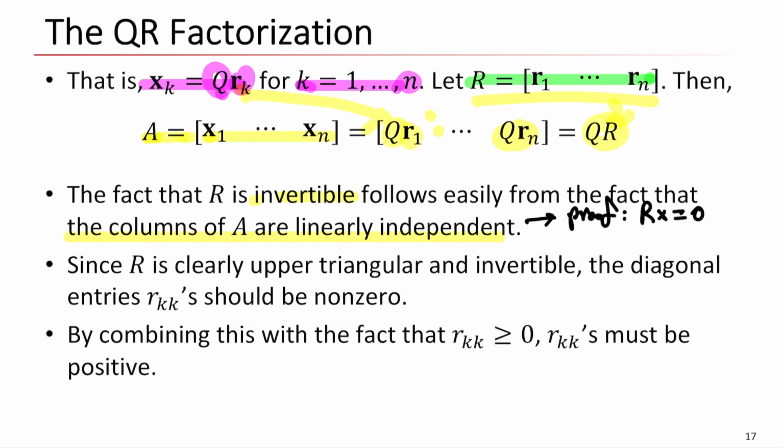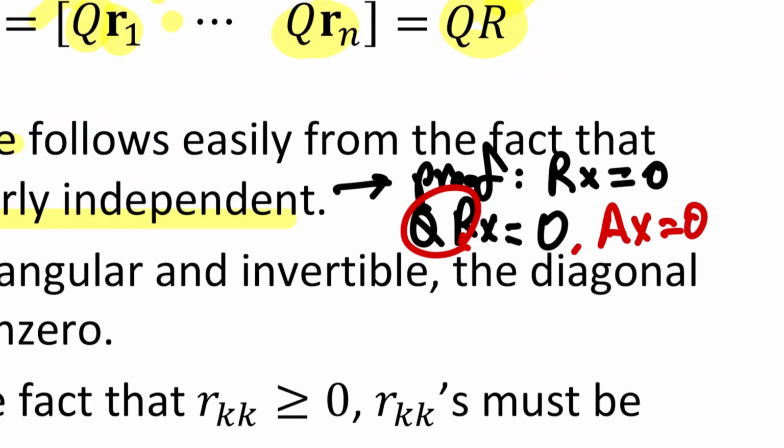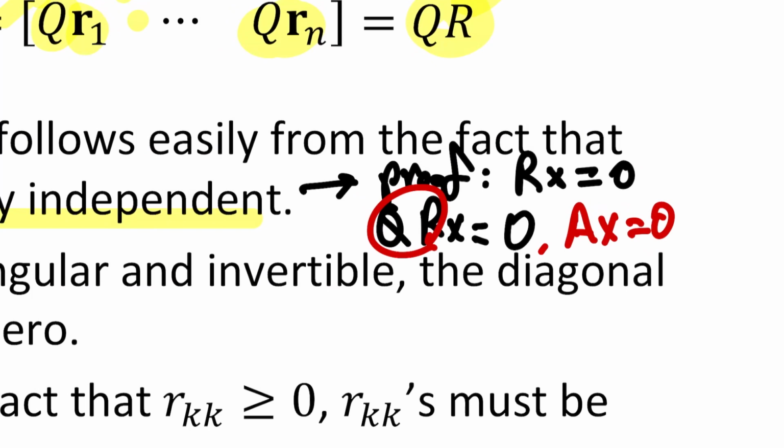Then by multiplying Q on the left-hand side and right-hand side, QRx is equal to 0, right? In this case, QR is equal to A, so it means Ax is equal to 0, right? Then, the columns of the matrix A are linearly independent, right? Because it was the assumption.